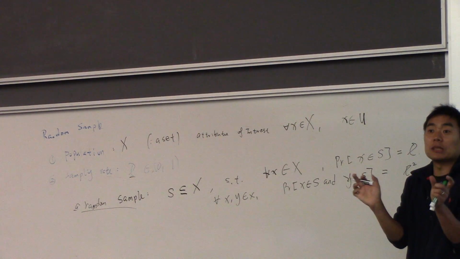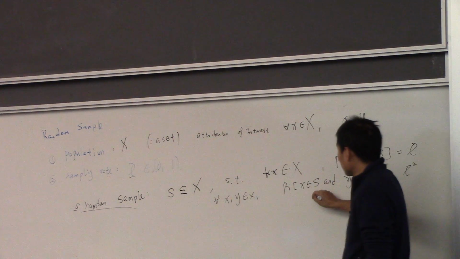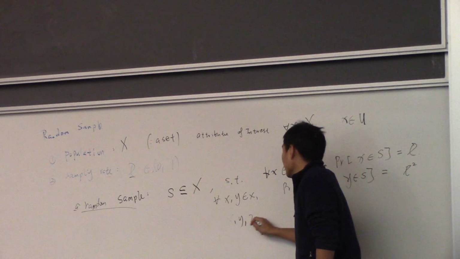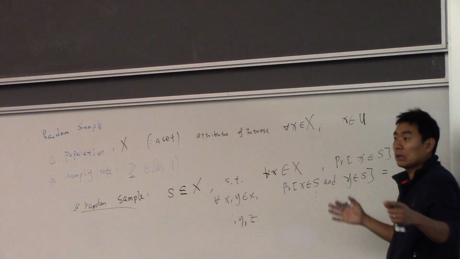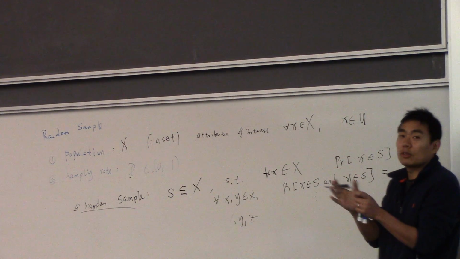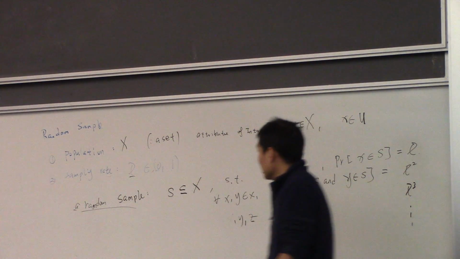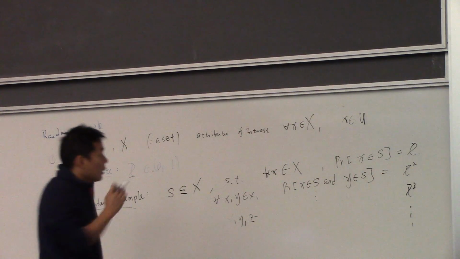Means they're independent. And this can continue on. If it's x, y, z, this must be rho to the cube. And this continues all the way to the entire set S. So it's total independence. So that's the definition of a random sample, right?